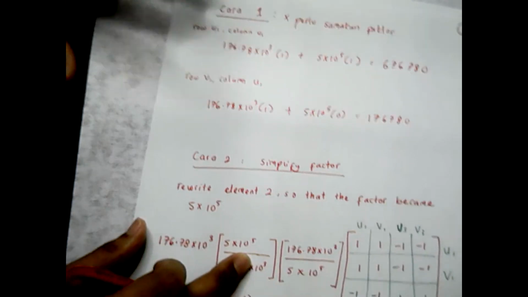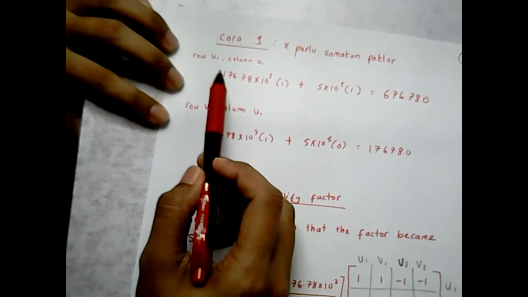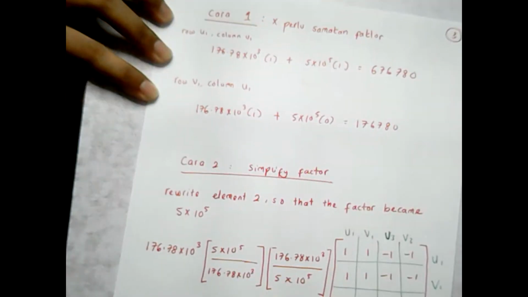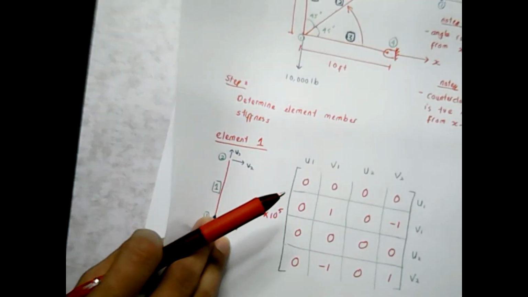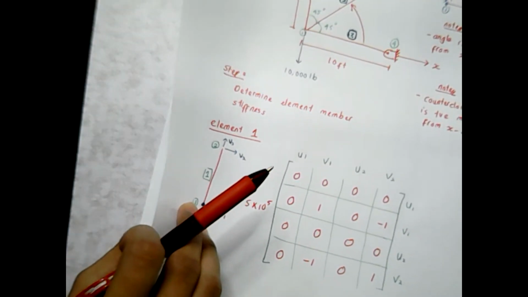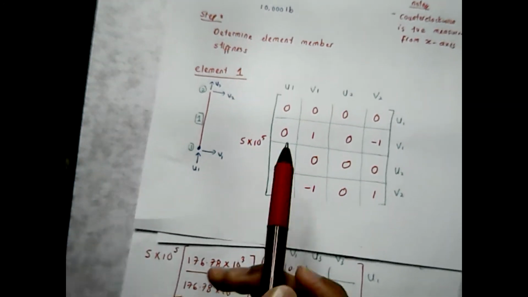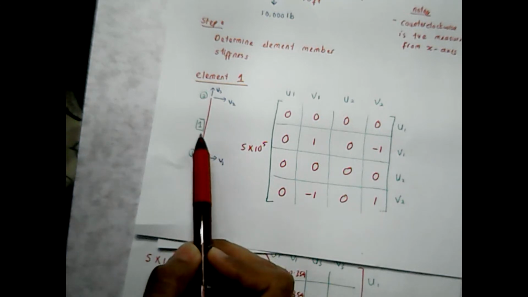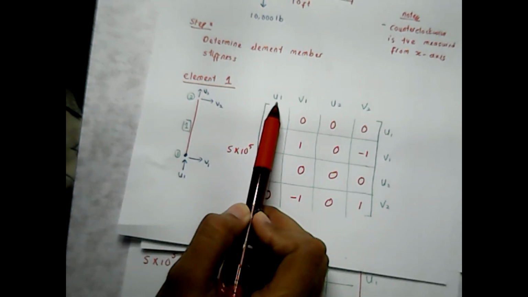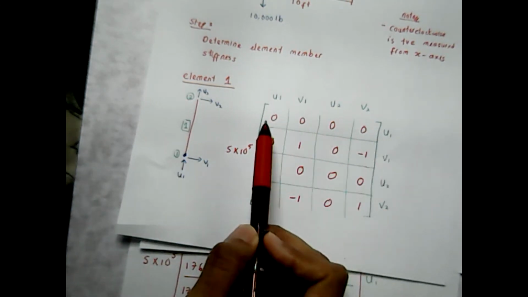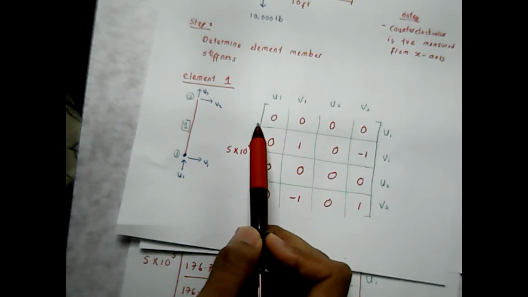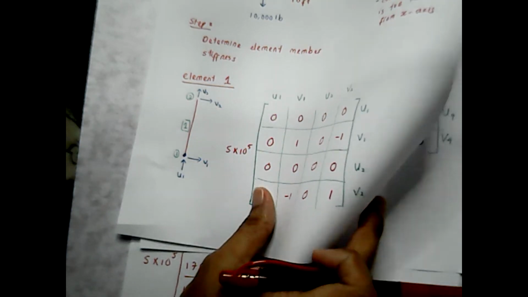For row 1 column 1, you need to go back and look at all your member stiffness. You have three local element member stiffness. For element number 1, the u1 term is 0, so you don't need to add anything from element number 1.